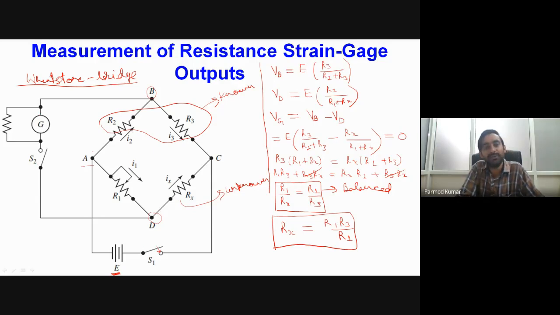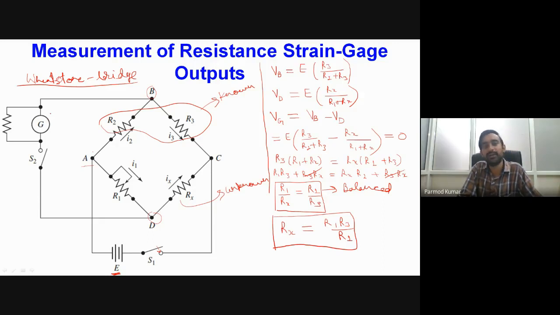After that, we measure the value of voltage across the two terminal points B and D. Obviously, when our circuit is unbalanced, we will get some value of voltage over here. Now we change the value of this variable resistance R1 till the voltage reflected over here is equal to 0.